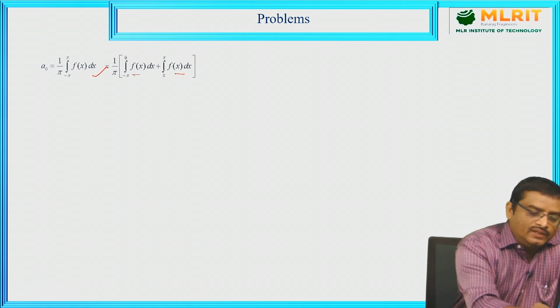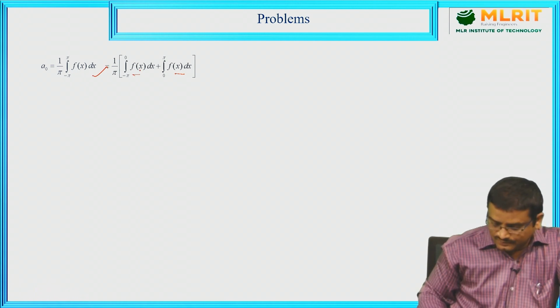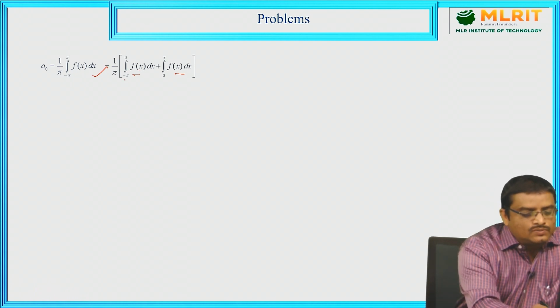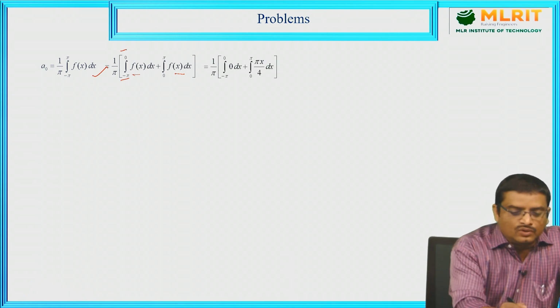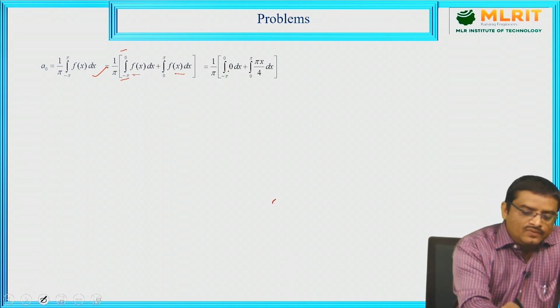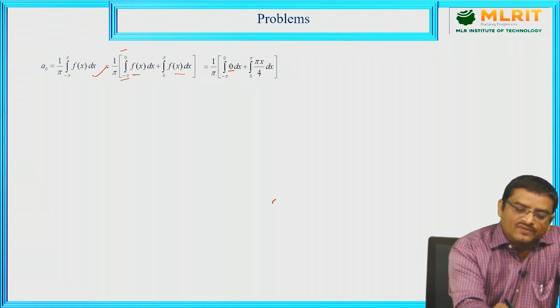Now by satisfying these two conditions, just replace the values of f of x here. Whenever our x value lies between minus pi to 0, he has given that f of x is equal to 0, and whenever x lies between 0 to pi, f of x is given by pi x by 4.